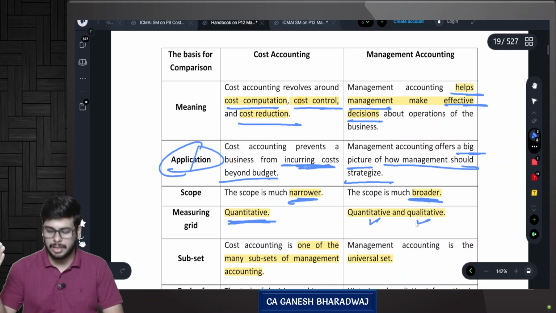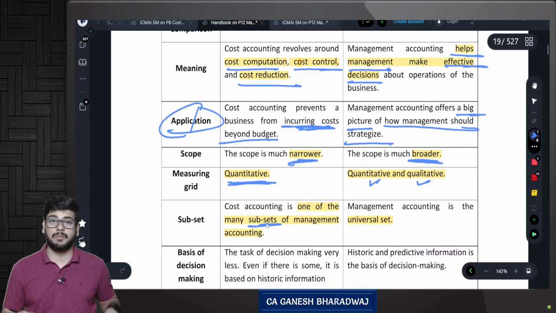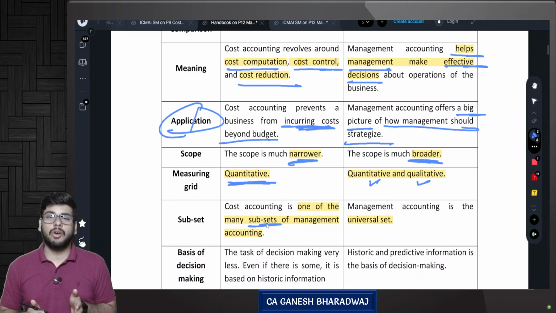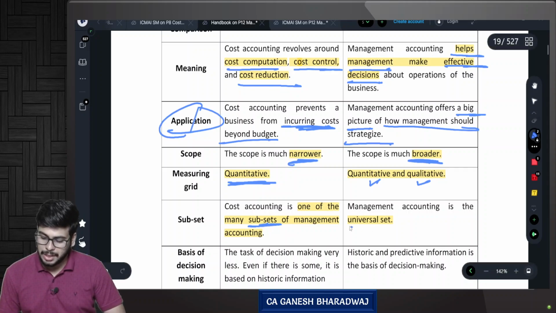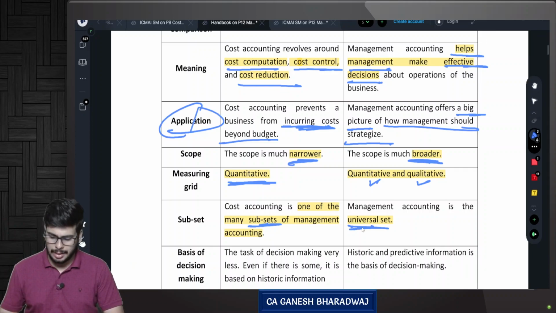I told you that learning curve example and all. Then cost accounting is one of the many subsets of management accounting. Meaning what? Management accounting is broad. Inside management accounting, cost accounting itself is there. That's how they are representing it here. Whereas your management accounting is the universal set. That is broader in scope. This is slightly less broad.